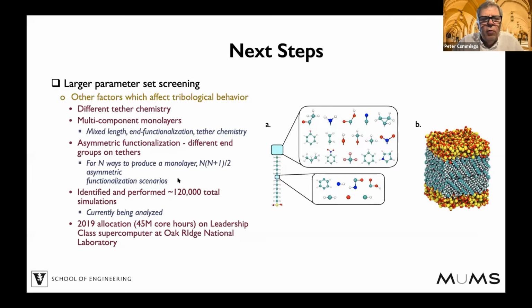We've performed about 120,000 total simulations, which are just about finished being analyzed, and we have a paper just about to be submitted, putting together a much broader machine learning based model for the relationship between chemistry and transport and adhesion force properties of these systems.